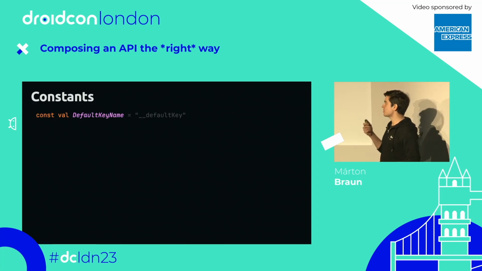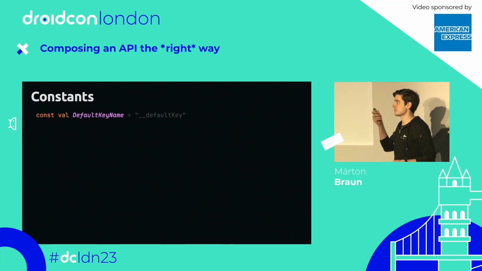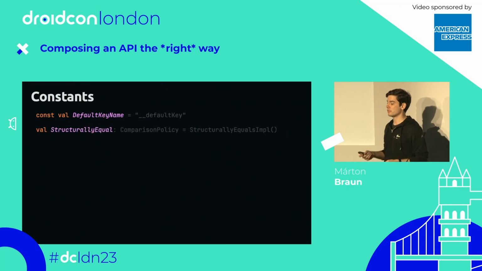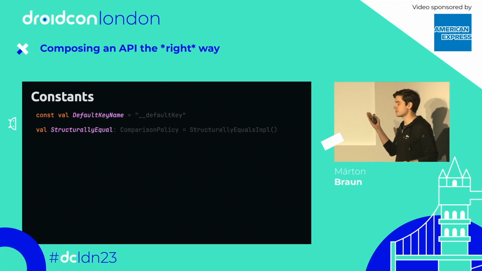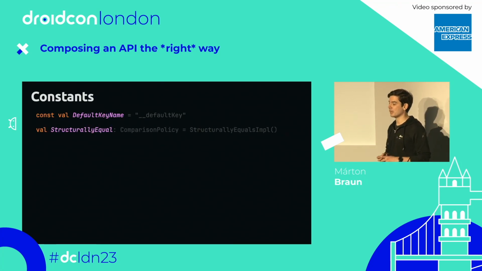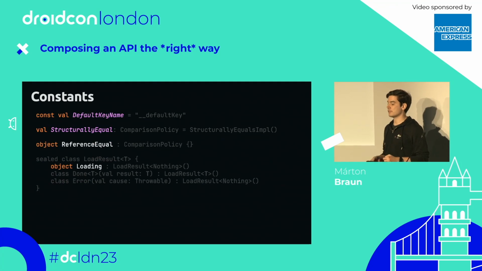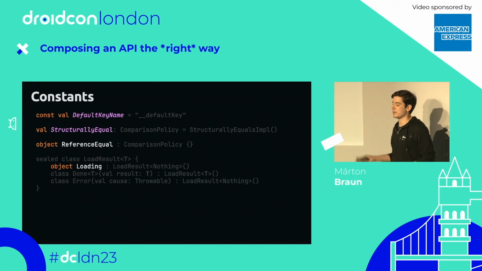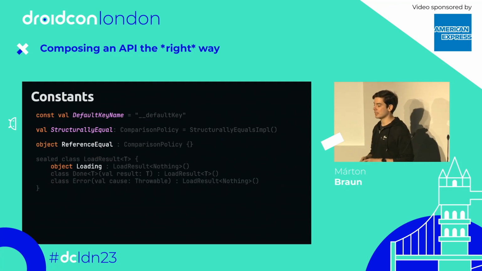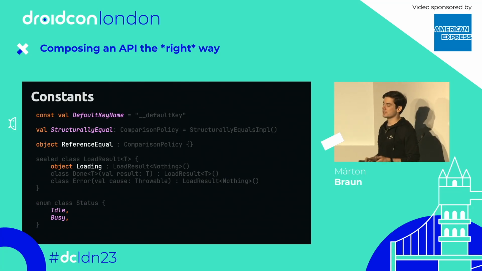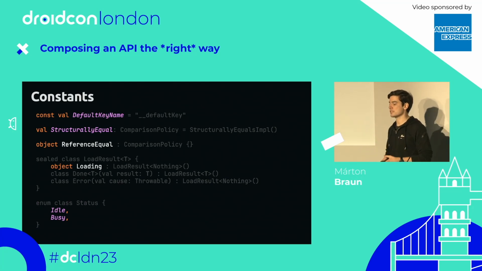And Compose doesn't just do this for actual constant values, but also for things that are reference types, so just regular top-level properties, which are semantically, functionally, also constant values, as well as for objects, whether they're top-level or maybe nested in some sealed hierarchy, as well as enum values, which are also practically constant values.